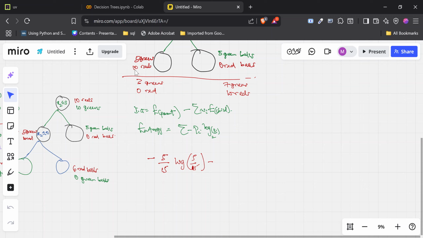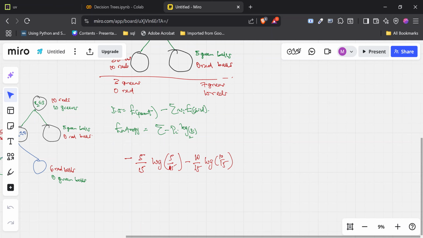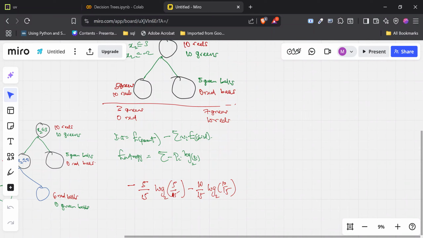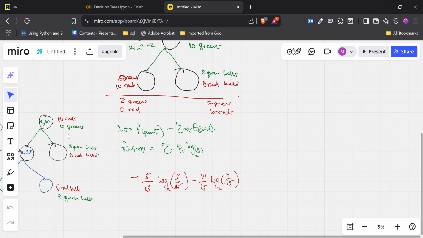We have 10 red, so 10 over 15 log 10 over 15. And all of this, let's just use log to base 2. This particular value is going to give us the entropy here.